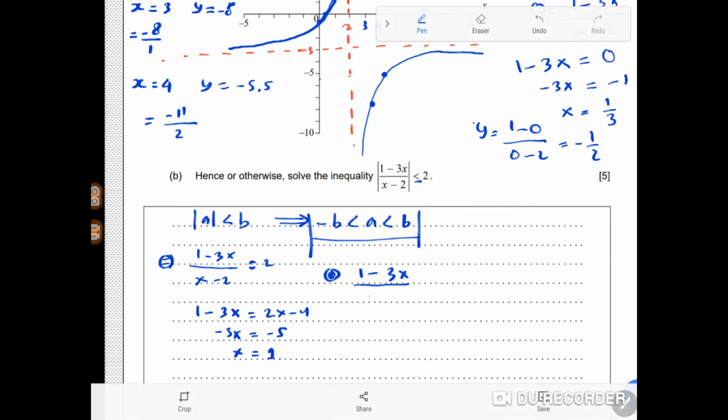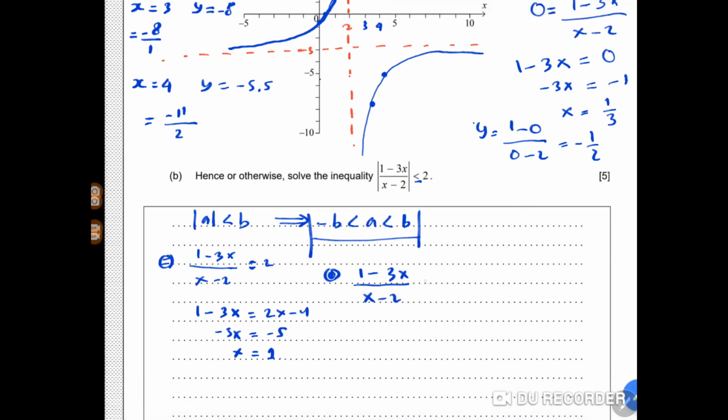So (1 minus 3x) over (x minus 2) equals negative 2. So we have 1 minus 3x equals negative 2x plus 4, right? So here we have negative x equals 3, so x equals negative 3.